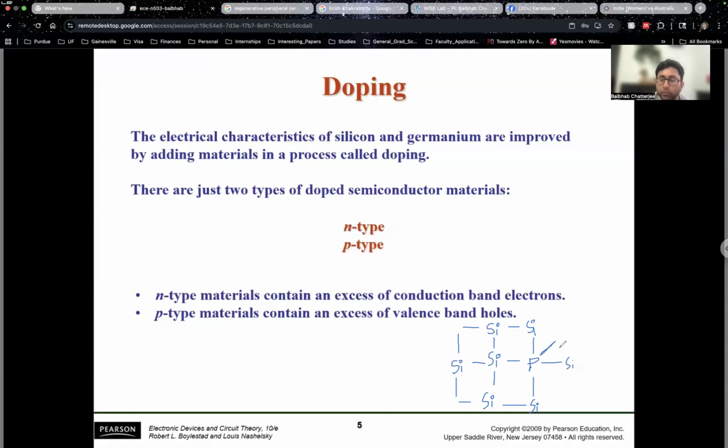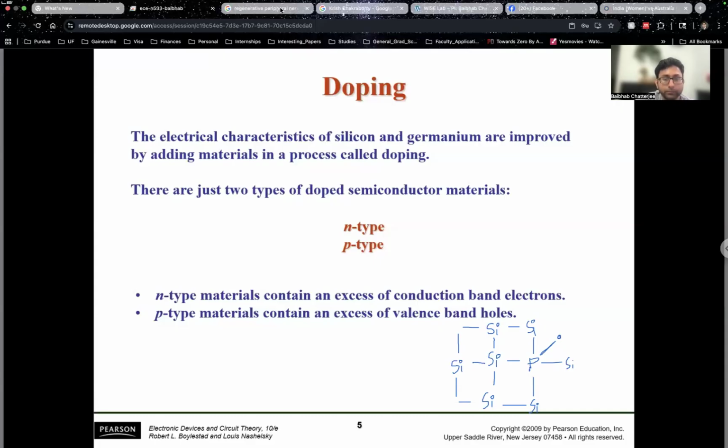And if an electron moves around, you have current. Current is nothing but the flow of electrons. Right? So this N-type material will have an excess of conduction band electrons. There would be 1 extra electron because of the existence of this phosphorus atom. And if that electron moves around, you'll have an excess of conduction band electrons, eventually creating a current.